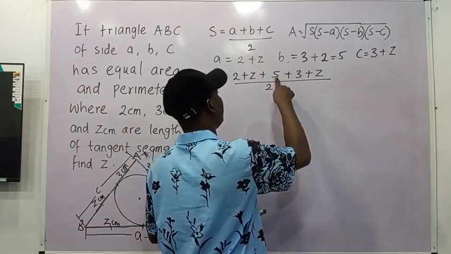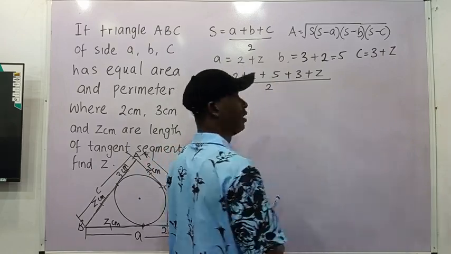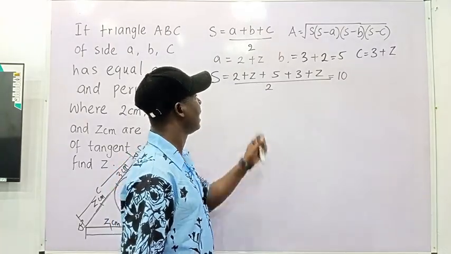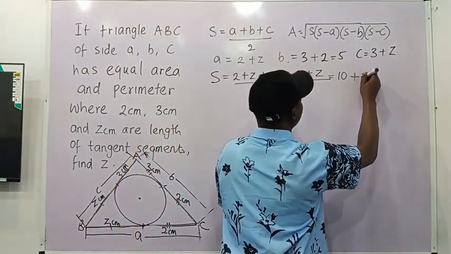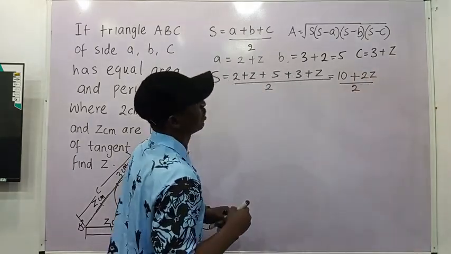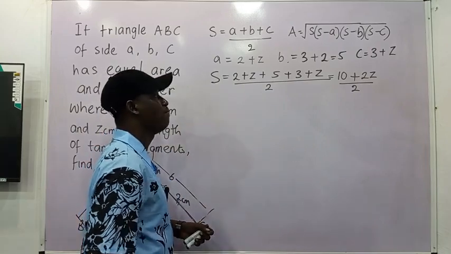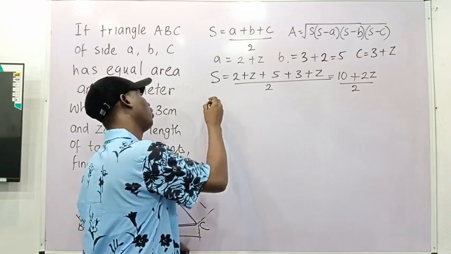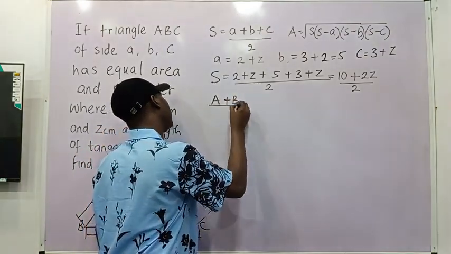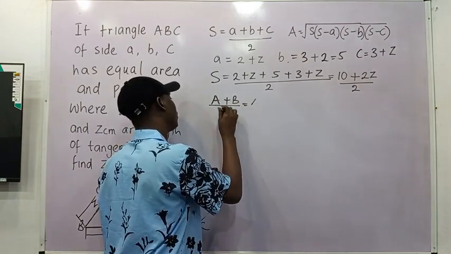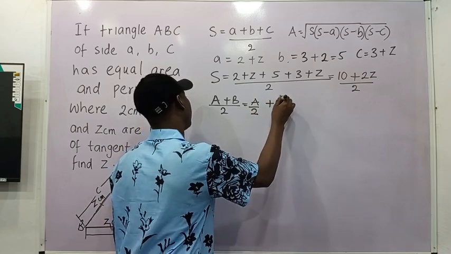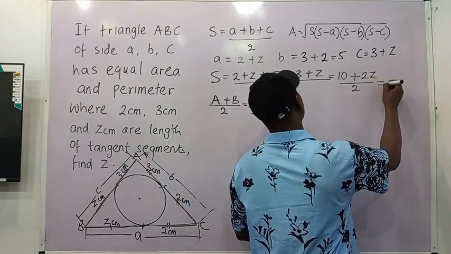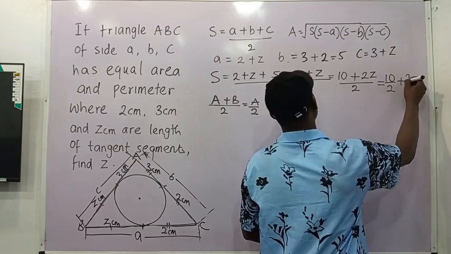If you add 2, 5, and 3, that gives us 10, and Z plus Z gives us 2Z, all divided by 2. We can write a plus b plus c divided by 2 as a over 2 plus b over 2. Applying this, we have 10 divided by 2 plus 2Z divided by 2.